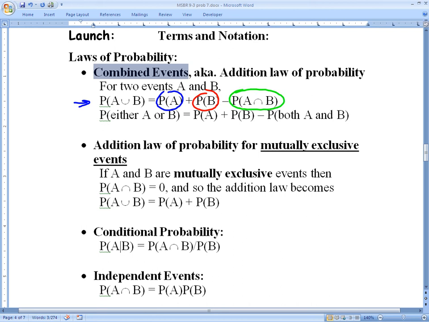So again, the regular U looking thing is either or, and then the upside down one, the one that sort of looks like an and, stands for both A and B.